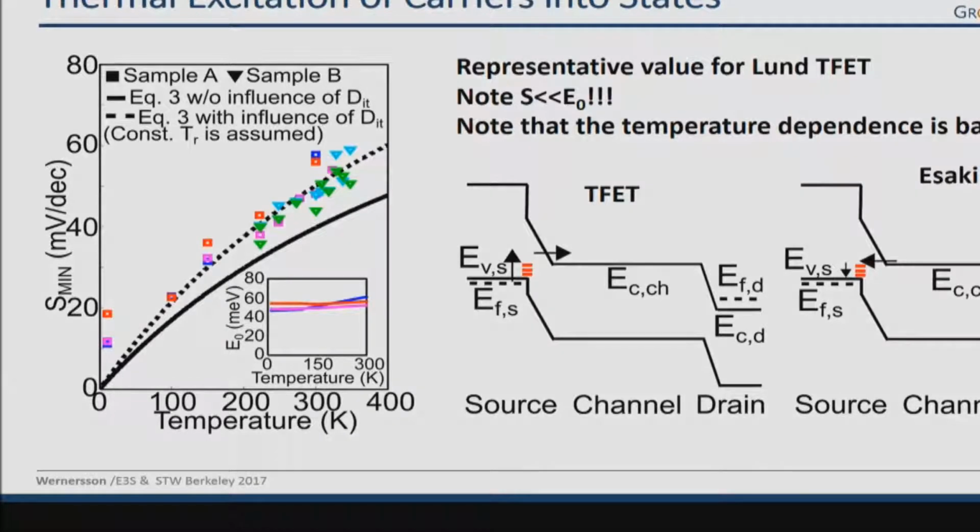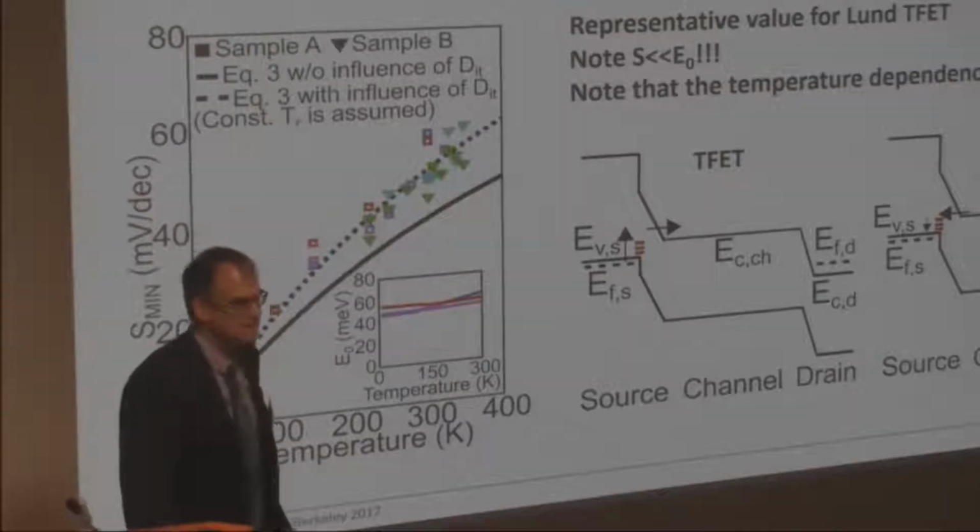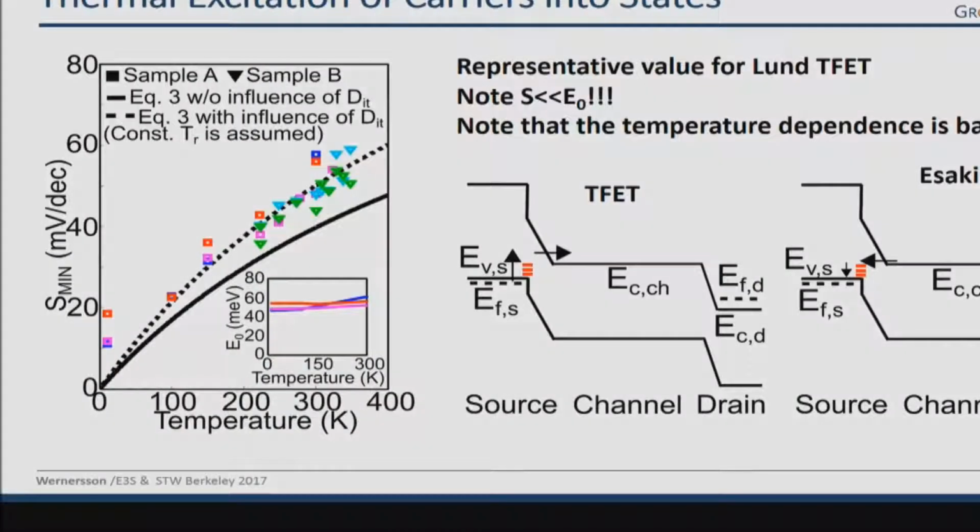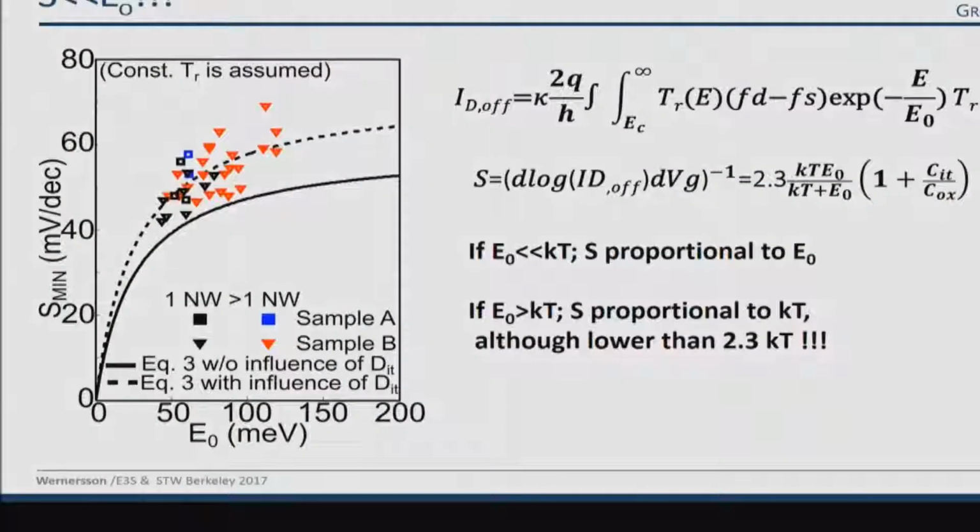However, we thought quite a bit about it, and what we think is actually that we're underestimating E0. E0 might be larger. If we would take the tunneling length modulation, or what we call it, into account, this will actually push E0 to be even larger. Which is not good news. It's not good news, but it's still good news because we're not sensitive to it, and this explains why it's working.